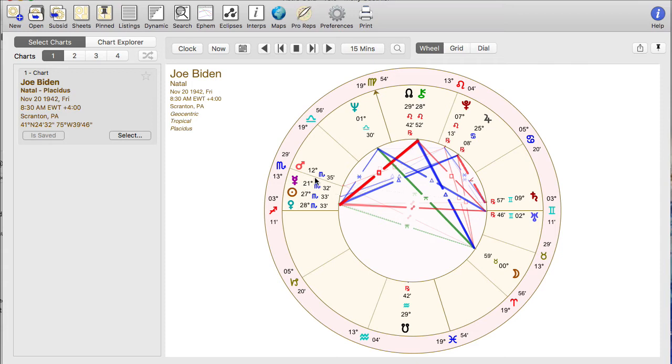So we can see that there's a lot going on under the surface, and that if he is elected president, he'll probably be fairly secretive. Mercury in Scorpio is very secretive about the details of the Virgo. He'll be secretive about what he's doing, about his public life in a way.